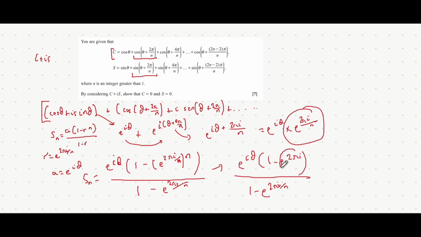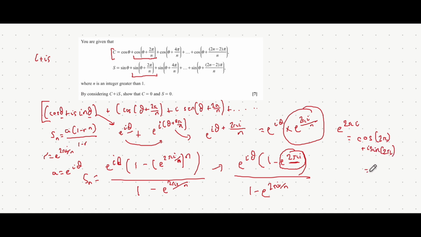Now here is where we can use de Moivre's theorem. Before, we went from cos theta plus i sine theta into e to the i theta, but if we go the opposite way around, we can say that e to the 2 pi i is just what you'd get when you replace theta with 2 pi. So it'll be cos of 2 pi plus i sine of 2 pi.